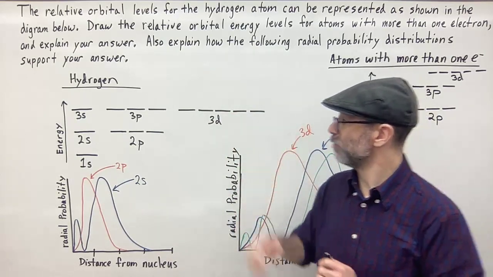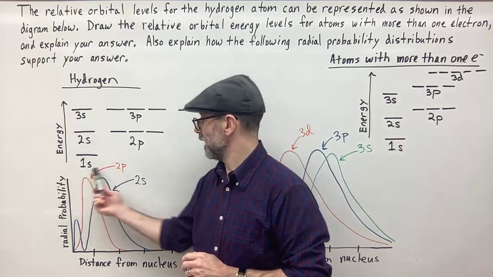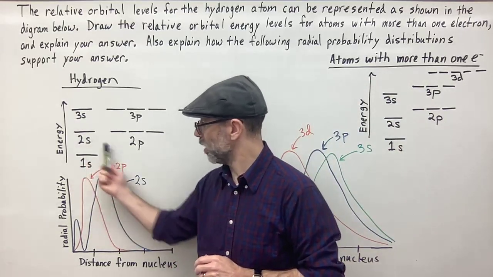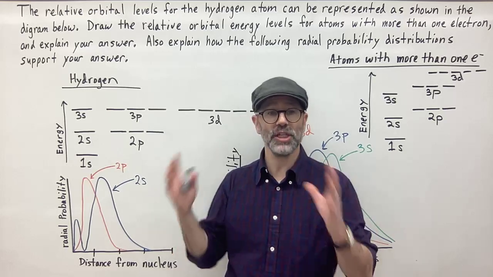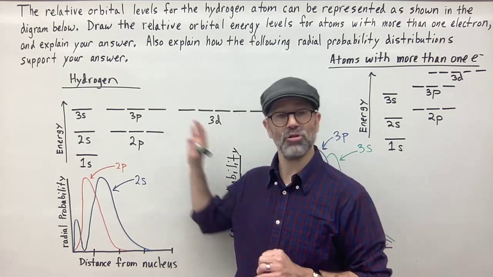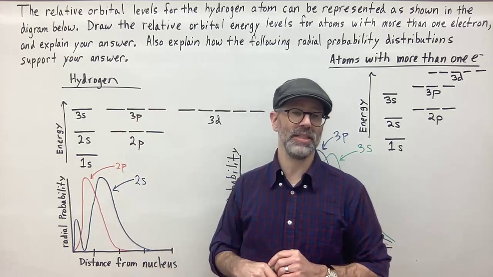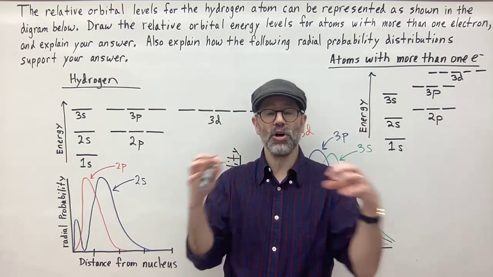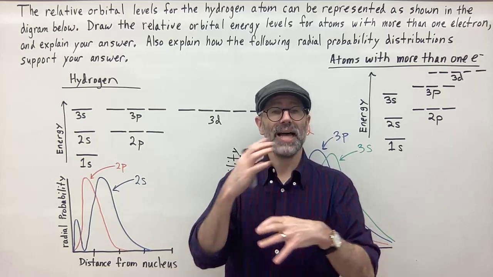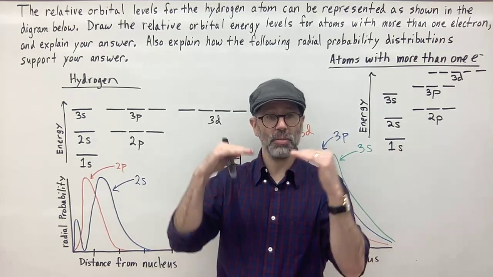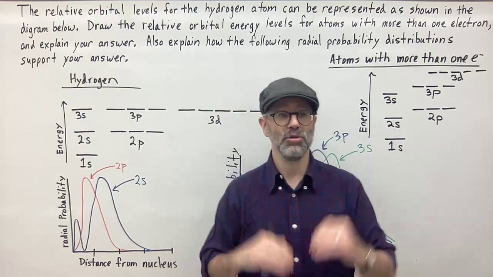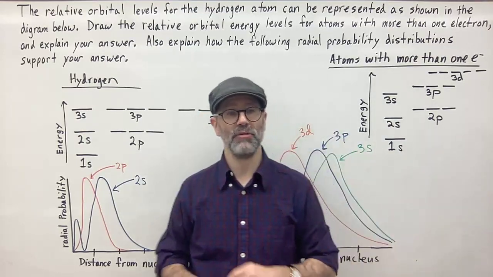So when you only have one electron, that one electron is just going to be in the 1s. So there's no penetration going on. There's no shielding going on. But as soon as you start throwing more electrons in there, you get that repelling force. That repelling force allows for shielding, and then that causes the orbital levels to change. They're not going to be at the same level anymore.